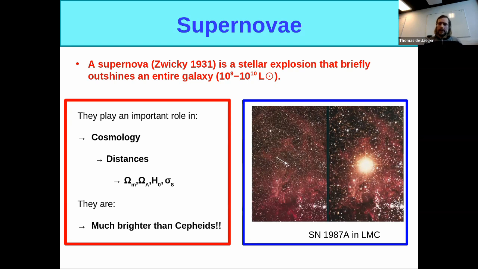Then you can put constraints, as I mentioned in the introduction, on dark energy, dark matter, H0, and also the famous S8 tension.